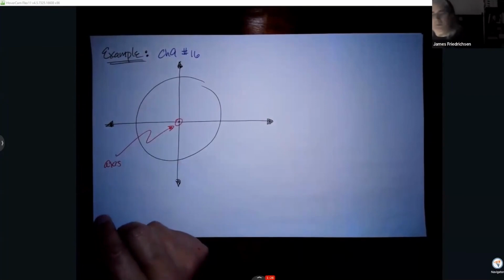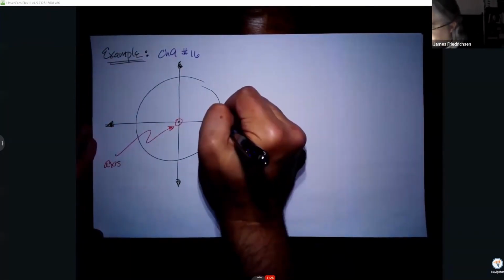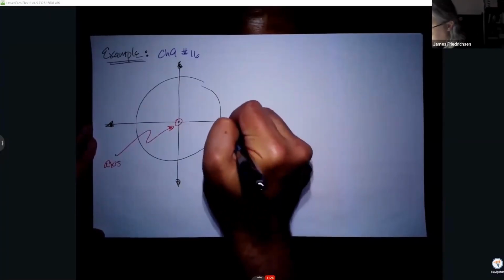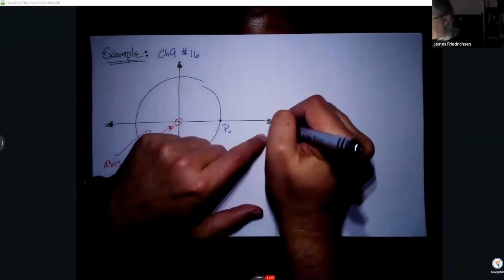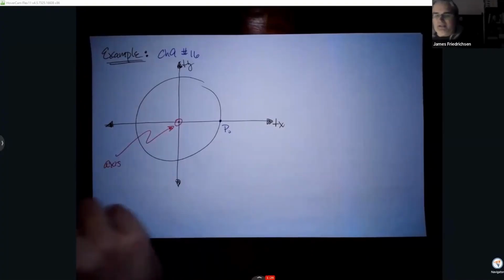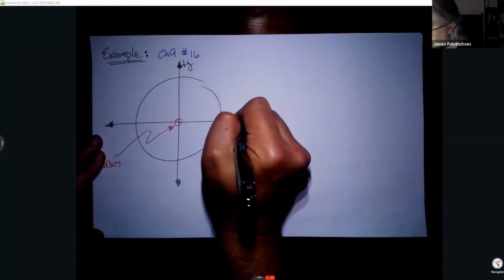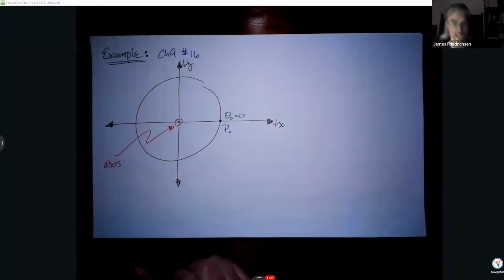And we're going to track a point on the edge of the flywheel. So this will be my initial point. We'll just pick it to be along the plus x axis. So then I can claim that my initial angular position is going to be 0. And it's rotating very, very quickly. So this is a flywheel.